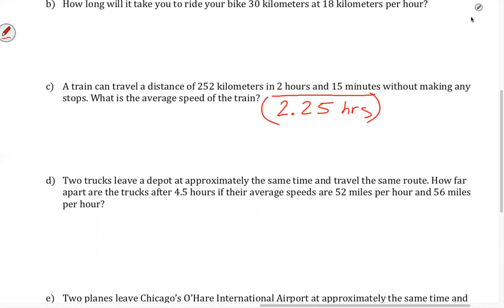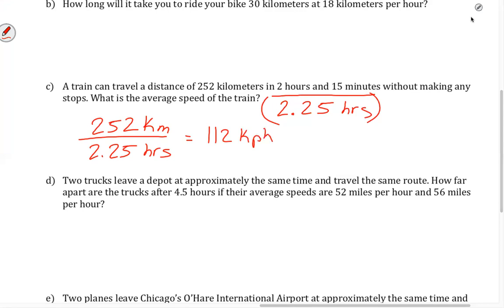What is the average speed of the train? So I'm going to do 252 kilometers divided by 2.25 hours. Oh boy, I'm not doing that one in my head right now. Once I divide that, I get 112 kilometers per hour.